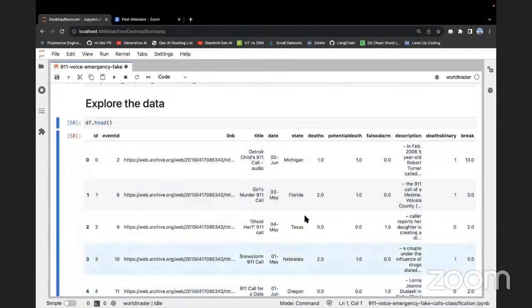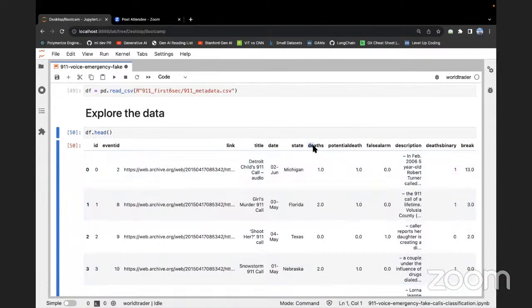These are the states in which that happened. These are the deaths that happened. There might be cases where there were no deaths, one death, two deaths, or more than that, right? Then there is potential death. What was the potential of death in that call? For example, if there are 5 people, the potential death was 5, right?